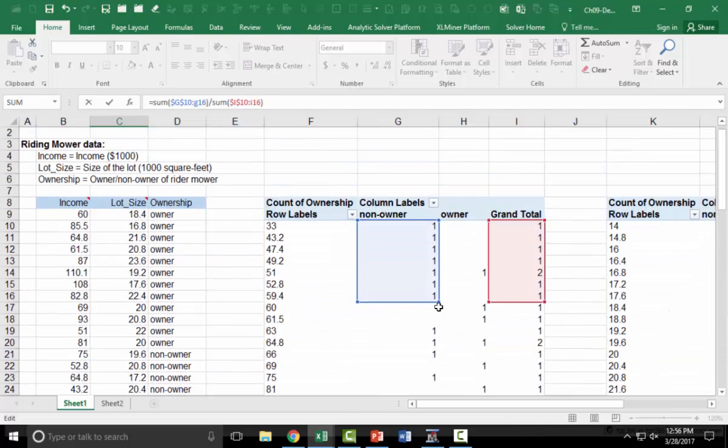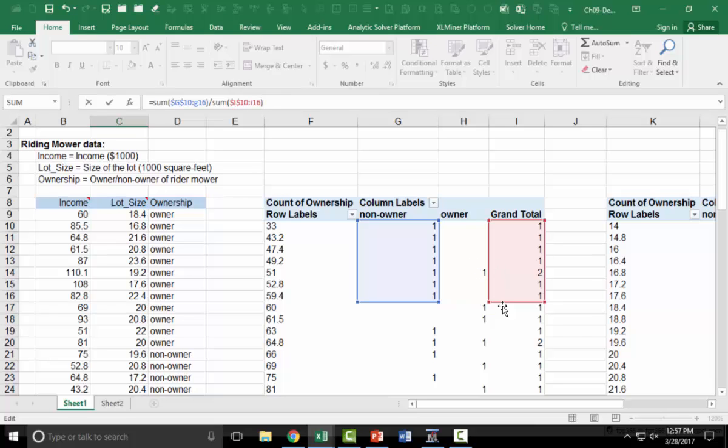So this part is our left side node. In this left side node, we have that many total records, and the balance will be the right side node. So these are the number of records on the left side node, and that many non-owners and that many owners.